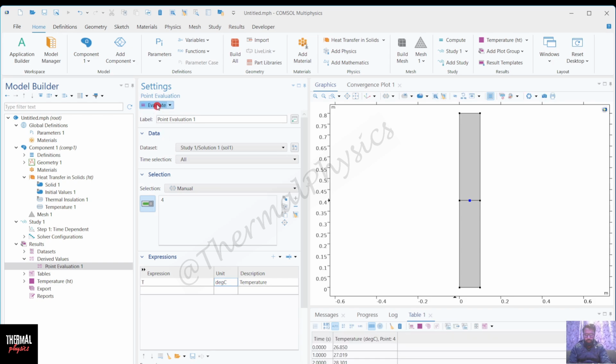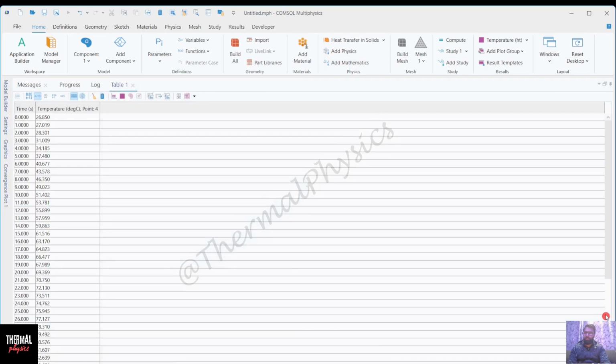Till now we used to get one value, because that was the temperature at this particular point. Now the temperature at this point is changing with time, so we have chosen up to 50 seconds with an interval of 1, so there will be 50 values.